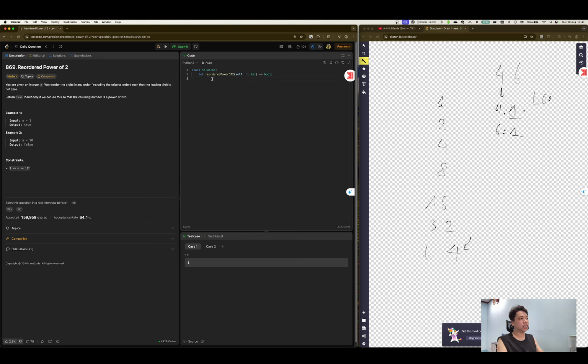We need to create a count. We're going to use a Counter of string n. We're going to iterate with the current power of 2, starting at 1, until this number exceeds that number.